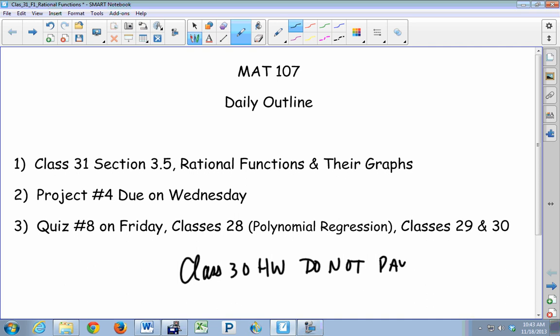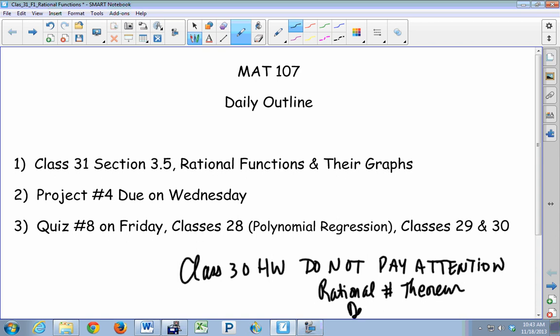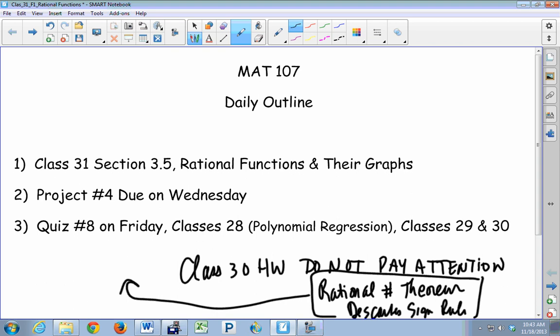In other words, do not pay attention when they say to use the rational number theorem to find your zeros, or to use Descartes' sign rule. I never teach it. Ignore these two things and just use the methods that we learned in class.